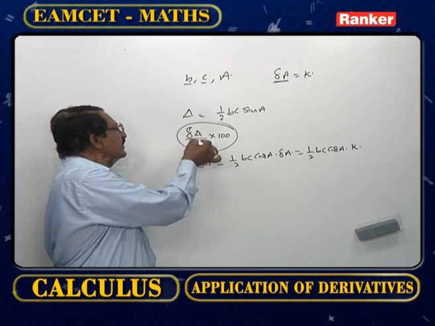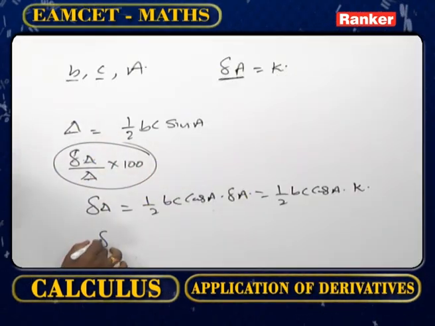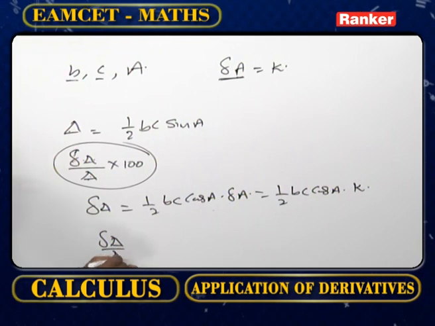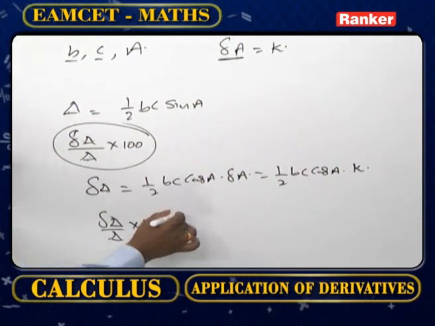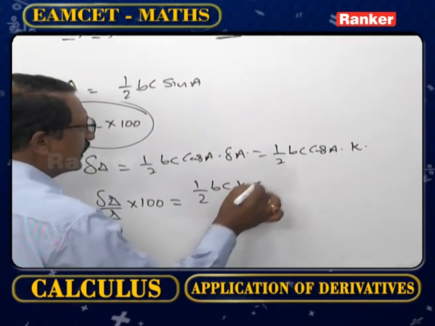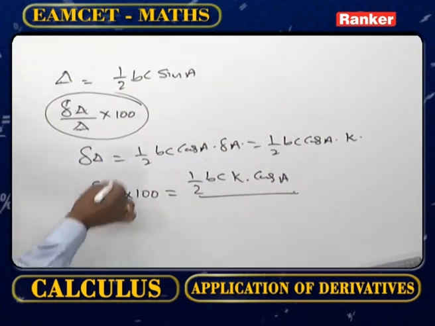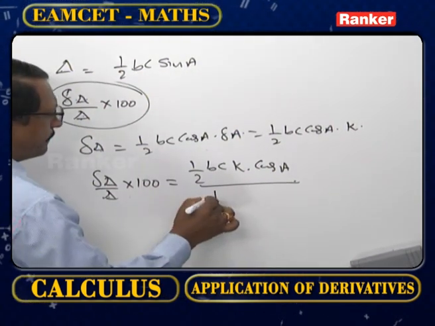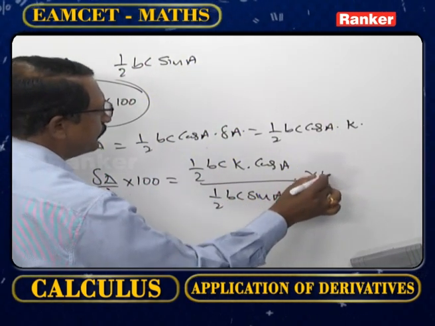Now the required percentage error in the area of the triangle is nothing but delta by delta into 100. That equals half bc into k cos A, divided by half bc sin A, into 100.